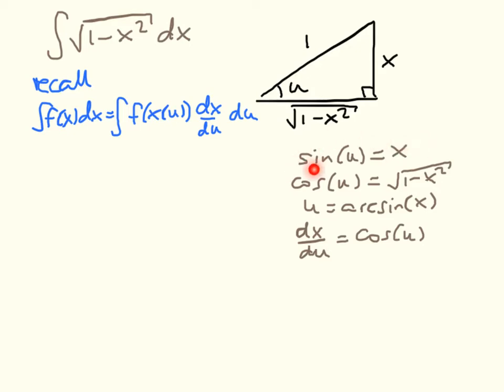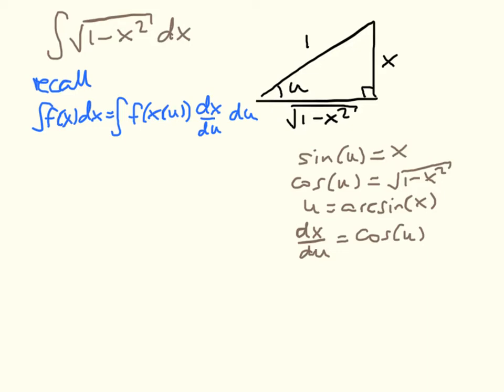And here we have written x in terms of a new variable, so we can rewrite our integrand, here the square root of 1 minus x squared, in terms of the new variable. So we could say that here we have the square root of 1 minus sine squared u, and that is the square root of cos squared u, and we are entitled, because of the way that the arcsine is defined, to always take the positive root. But I'm not going to go through that in this video, but we are always entitled to take the positive root.